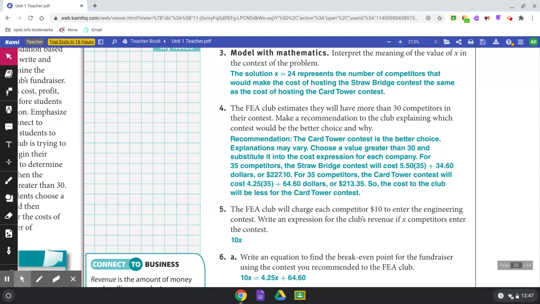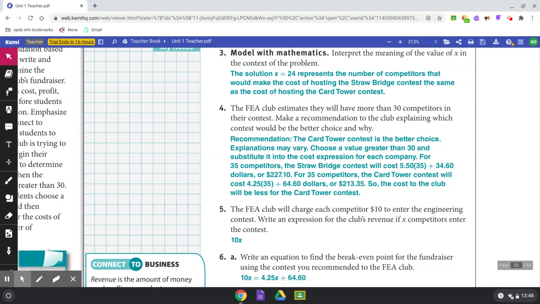I'm on number 4. The FEA Club estimates they will have more than 30 competitors in their contest. Make a recommendation to the club explaining which contest would be the better choice and why. So your recommendations could vary as far as the reasoning, but everyone should be recommending that the card tower contest is the better choice.